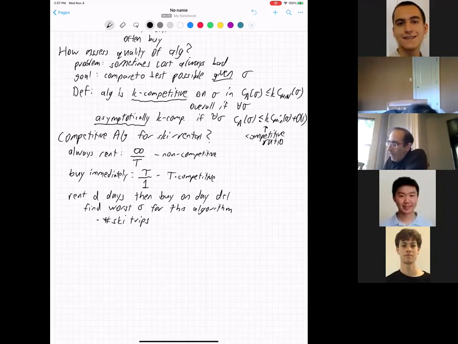So I'm going to be renting for the first D days. So what's the adversary going to do? Well, the adversary is either going to rent all the time or buy right at the beginning, right? Because it knows the future. It knows if I'm going to ski more than T times, I should buy. And if I'm going to ski less than T times, I should rent.